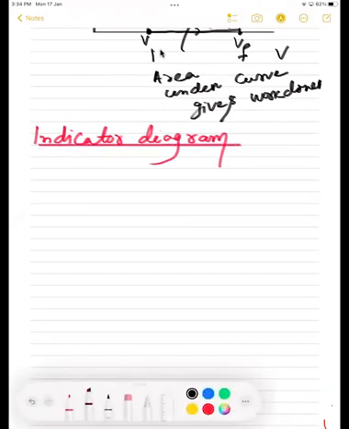Students, indicator diagram means what? Graphical representation of the state of a system with the help of two thermodynamical variables. That is called an indicator diagram.